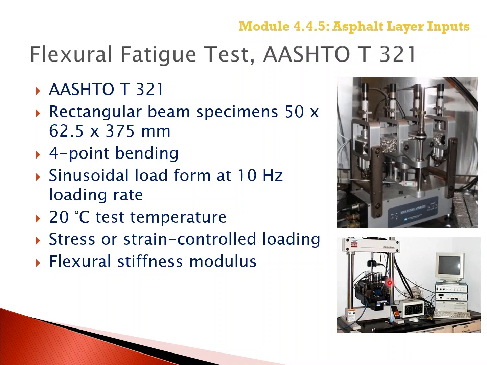The test exhibits high variability, so at least 3 temperatures and 3 to 4 tensile strain levels are recommended for use. The test temperatures typically used are 10, 20, and 30 degrees centigrade, and the tensile strains typically used vary from 200 to 700 microstrains.